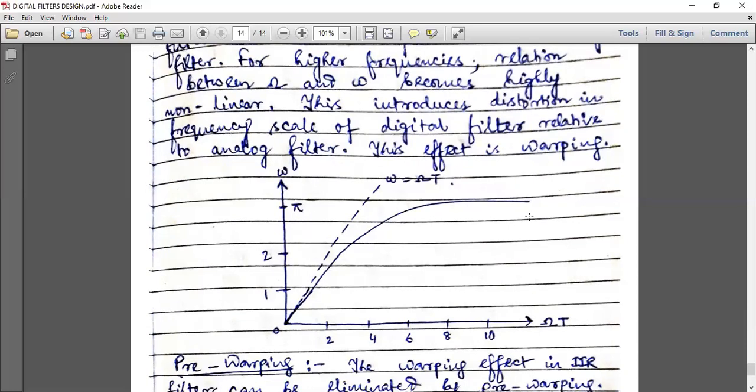Actually, I'm talking about the amplitude and phase response during the warping effect. If we consider an analog filter with linear phase response, then the phase response of the derived digital filter will be highly non-linear.